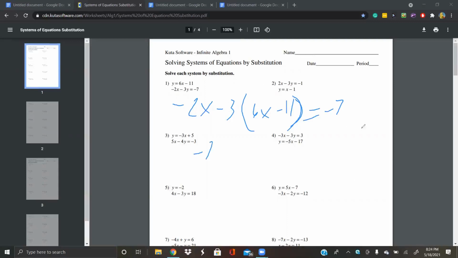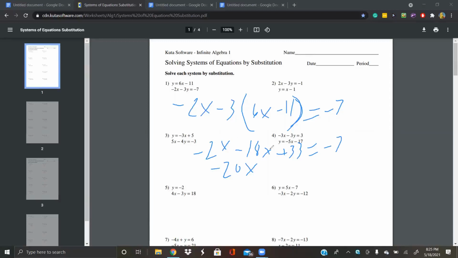So negative 2x, negative 3 times 6 is negative 18, so minus 18x, and negative 3 times negative 11 is 33, so plus 33 equals negative 7. Then we combine the two x terms, which gives negative 20x.